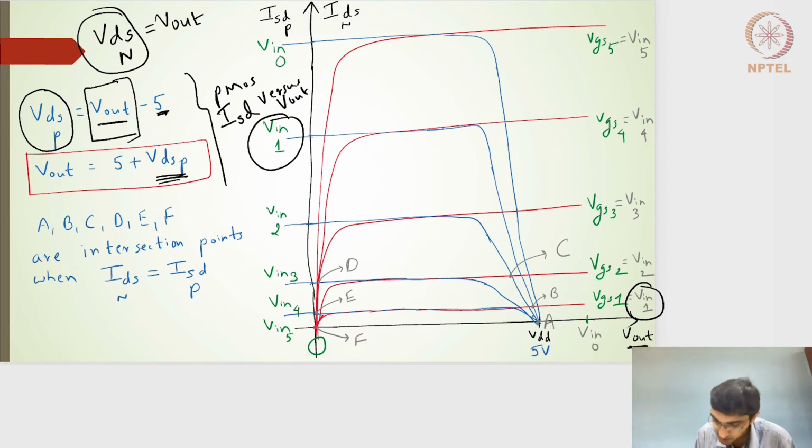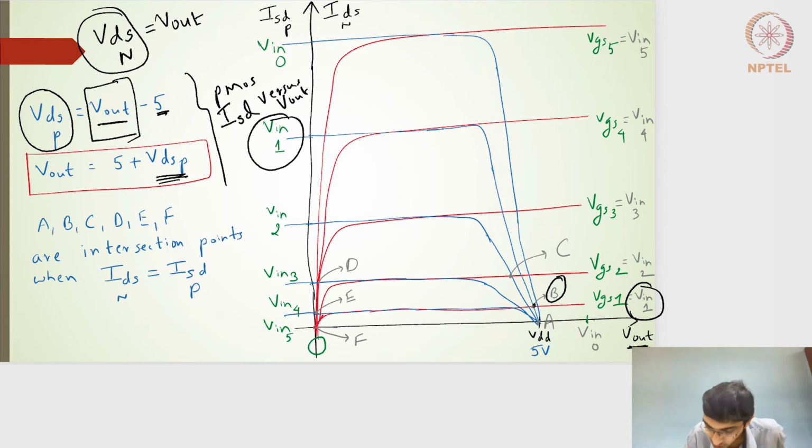The intersection point for the blue line of input of 1 volts and the red line of input of 1 volts is this particular point, the B point, where the currents of the NMOS and PMOS for the same input voltage are the same. For an input voltage of 1, the current of the PMOS should be the current of the NMOS in an inverter. So that is nothing but the B point.